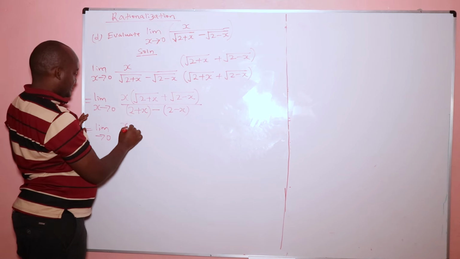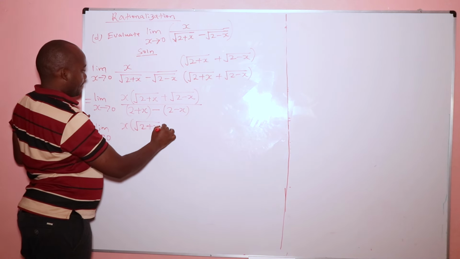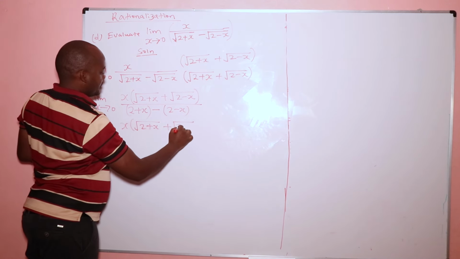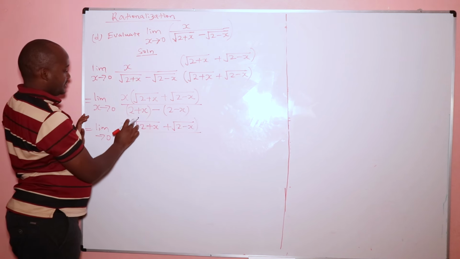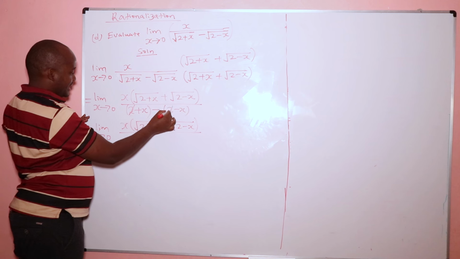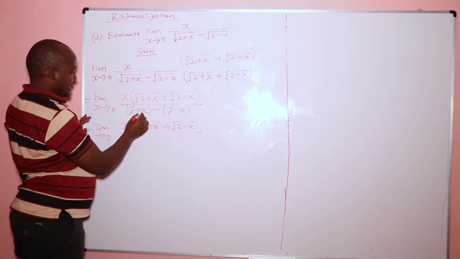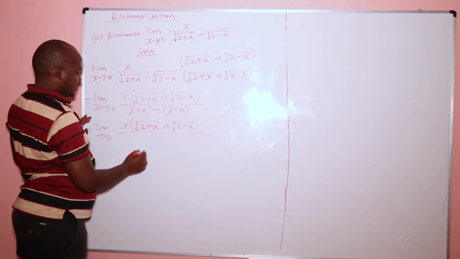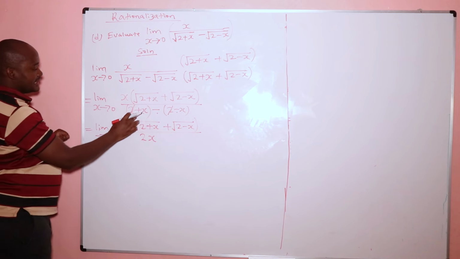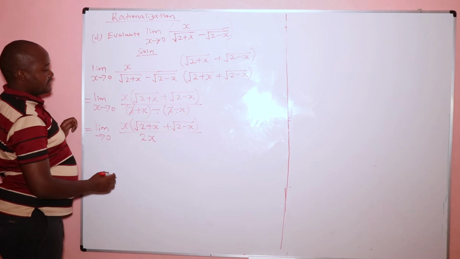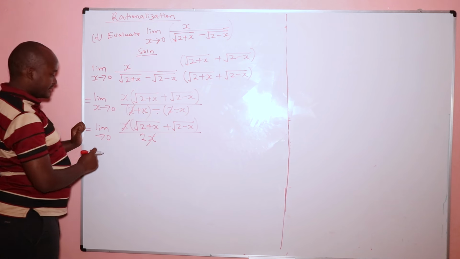If you open the brackets, this will be 2 minus 2, which is 0, and this will be x plus x, which is 2x. So this x will cancel with the x that we have on the top.